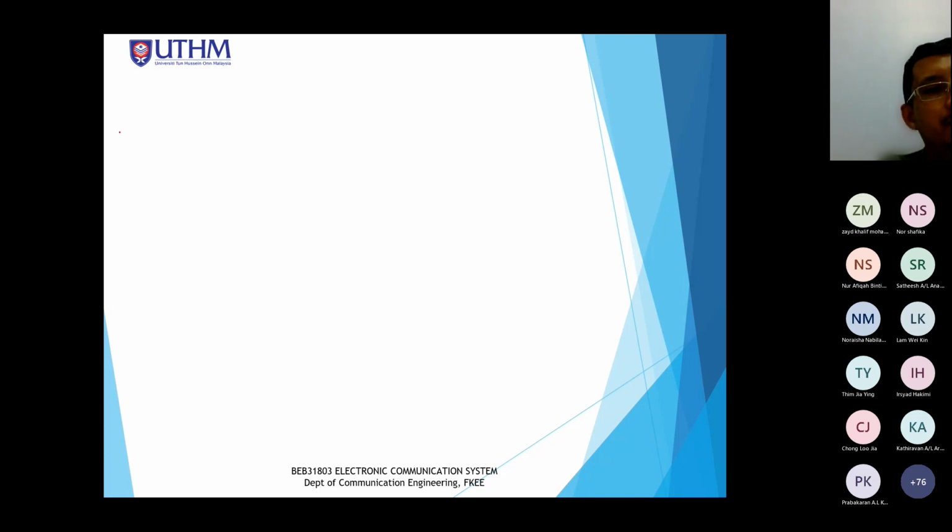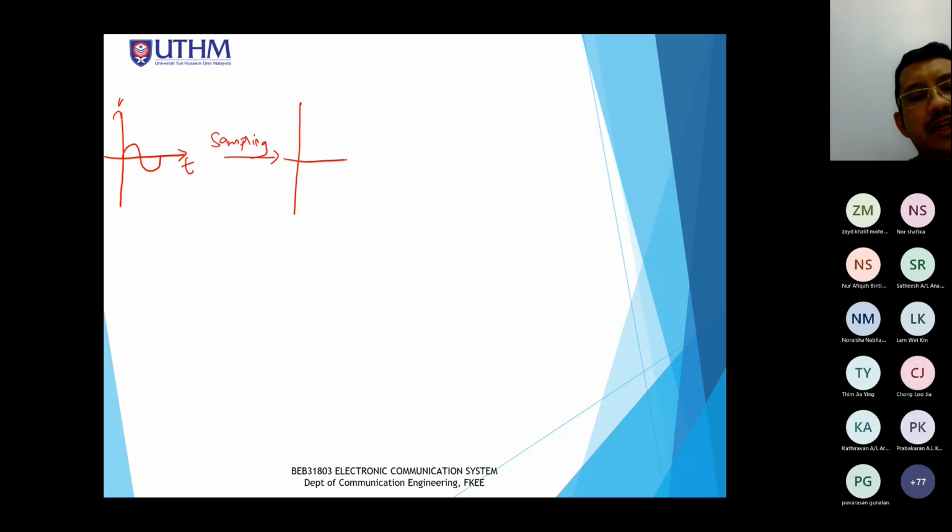formatting process. Initially we have the analog signal, V of t. This analog signal is continuous over time. Then we do the sampling process, where we take sample by sample.